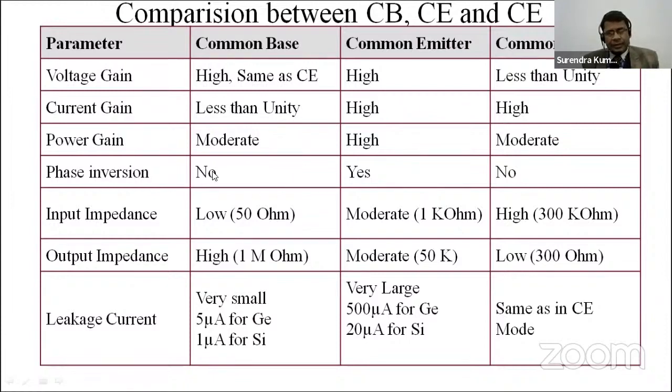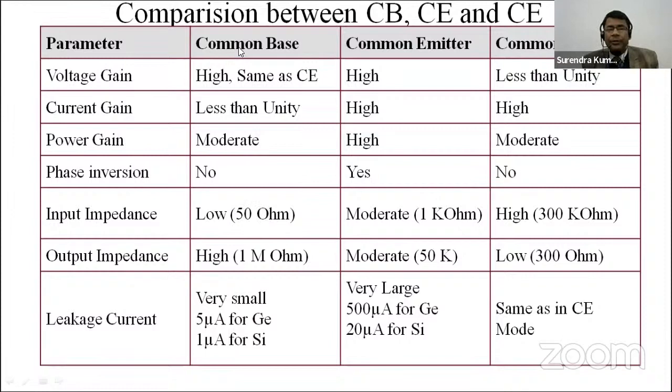Phase inversion: there is no phase difference between input and output signal in common base configuration. In common emitter configuration, there is a 180-degree phase shift between input and output signal. In common collector, there is no phase shift. So in terms of phase shift, there is only one configuration for which 180-degree phase shifting is available.